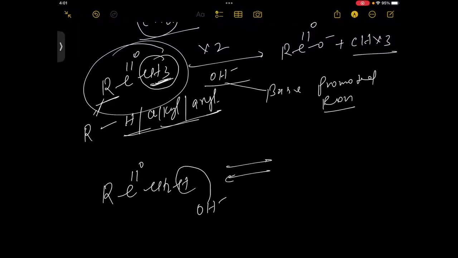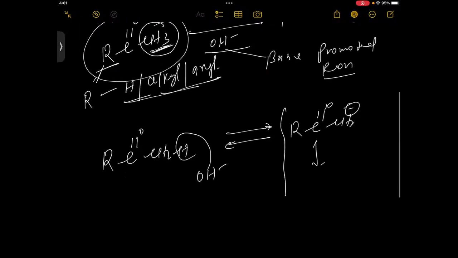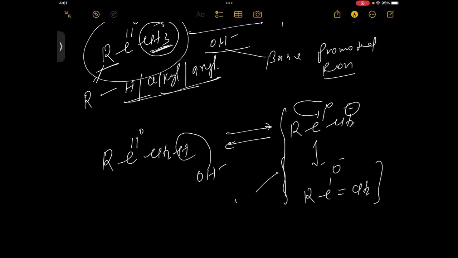You will get R C double bond O CH2 negative. There will be resonance in the compound because it is an enolate ion. The bond shifts towards the oxygen, the negative charge comes on oxygen, and a double bond forms. So this is called the enolate ion.